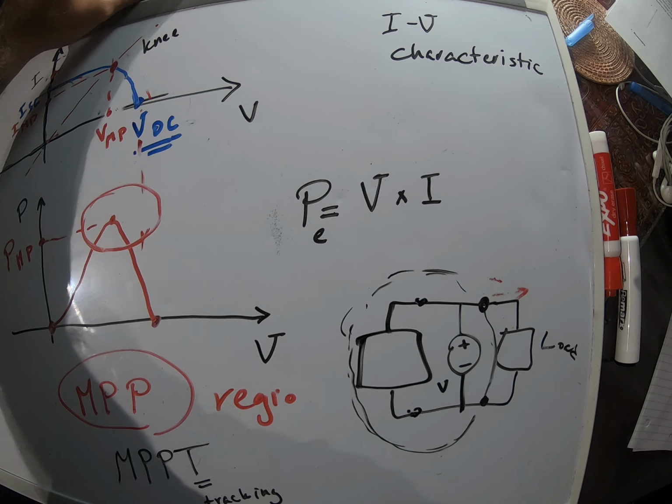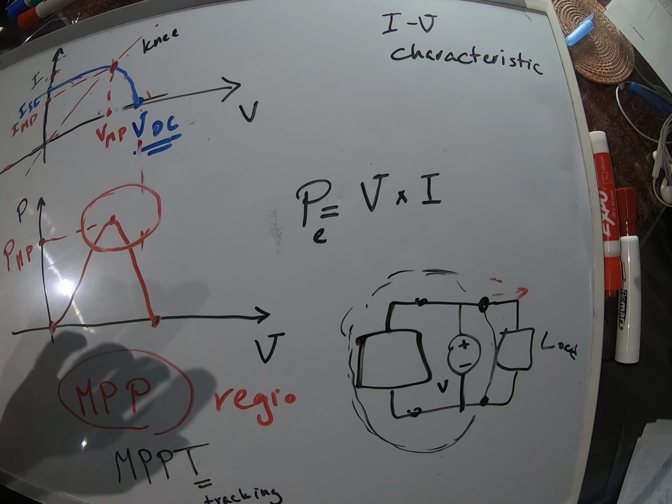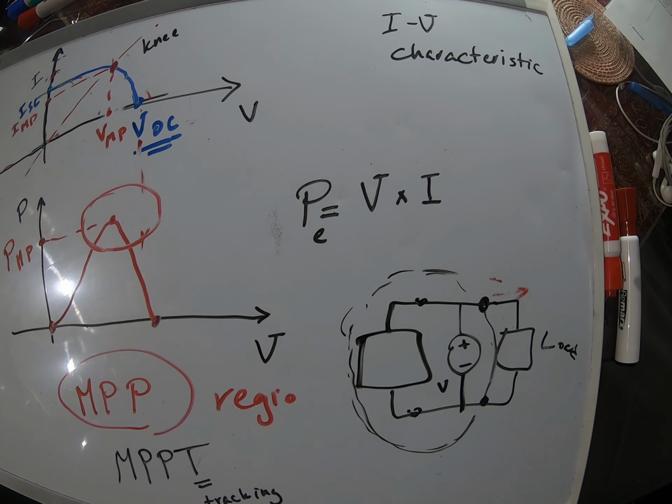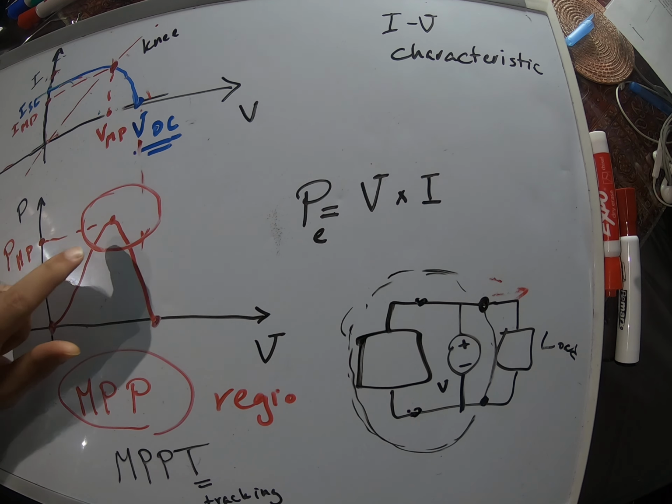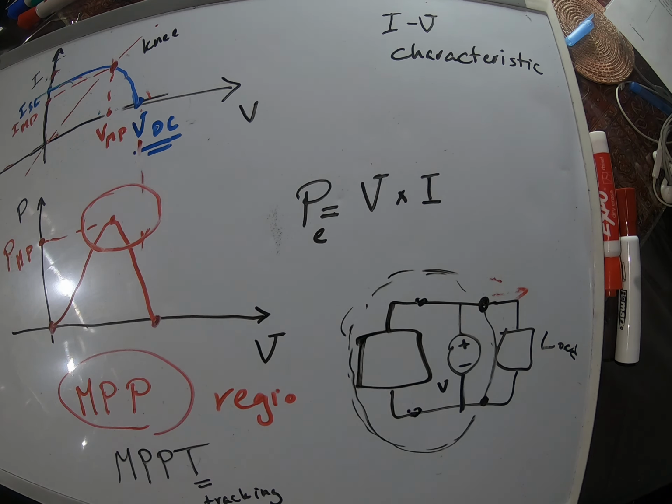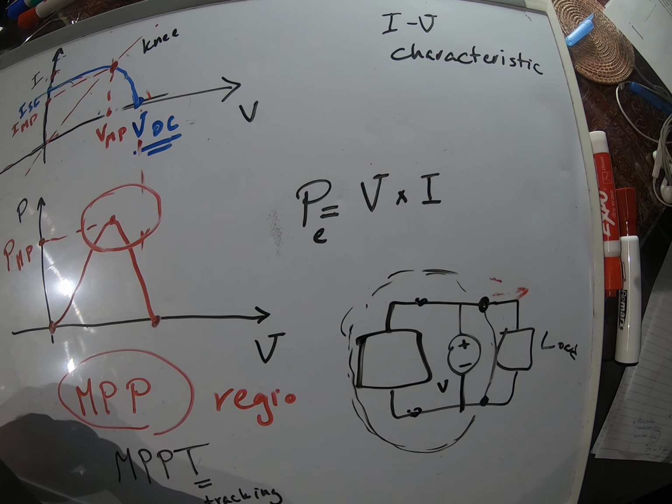So the next thing I want to talk about is how we can force the voltage of PV to basically regulate it so that we get the maximum power point. There are many different algorithms, and if you look at the research, every month or so somebody publishes a paper on another topic on maximum power point tracking.